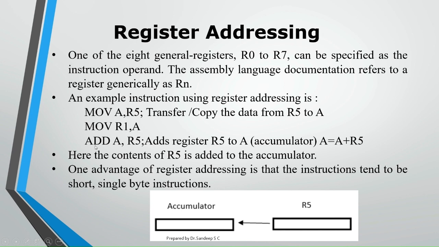Then we have another instruction, a simple addition, wherein A and R5 will be added. The value in A and the value in R5 both will be added, and the result will be stored in A itself.